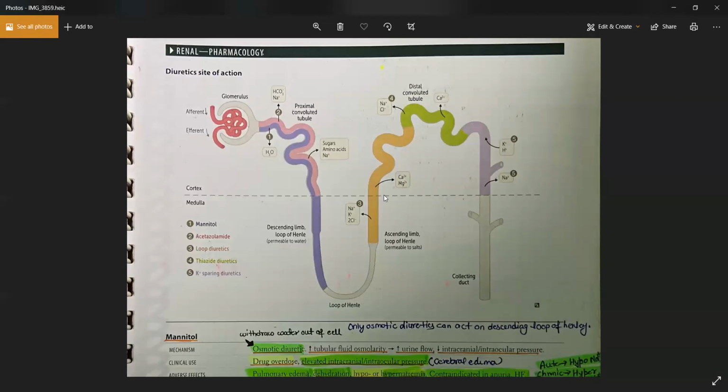Thiazide diuretics act on the distal convoluted tubule, inhibiting the sodium chloride pumps, and as a result, I cannot reabsorb the sodium and chloride, so they will again be lost in the urine. Then you have potassium sparing diuretics, which block either the sodium channels or the receptors for aldosterone. As a result, the sodium will be lost in the urine in the collecting duct.